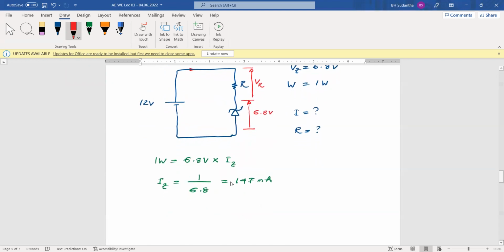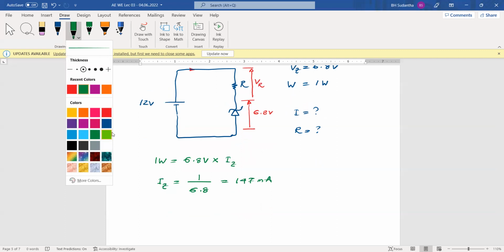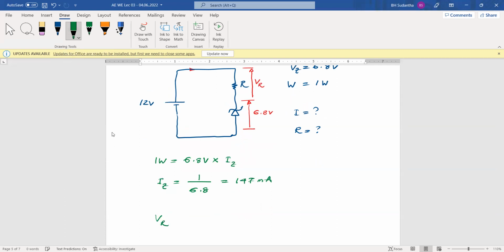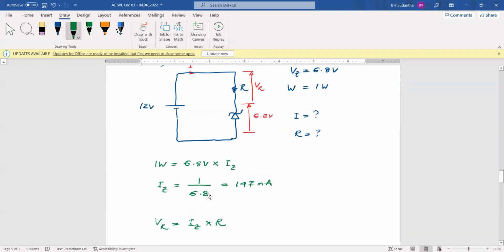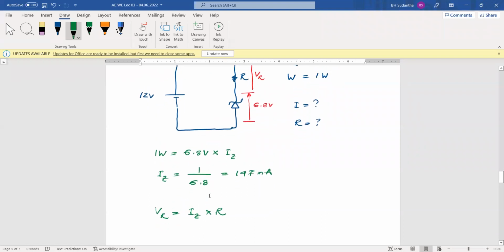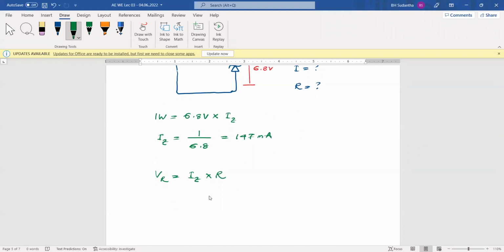You know VR equals IZ times R. How much is VR? There we have 12 volts. Then VR should be 5.2 volts.